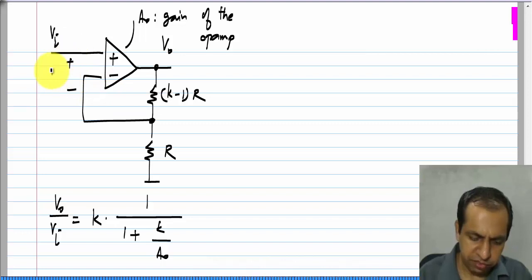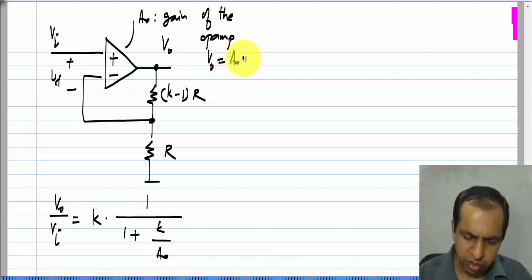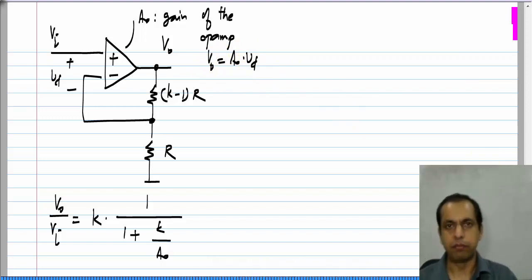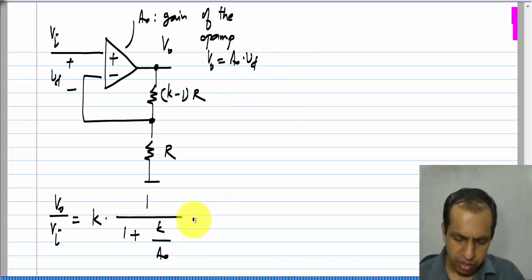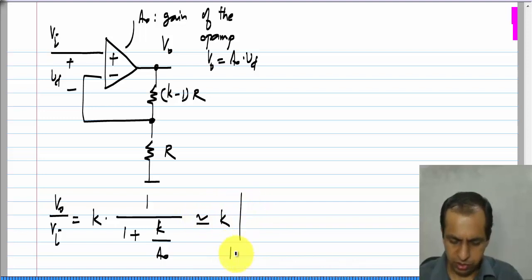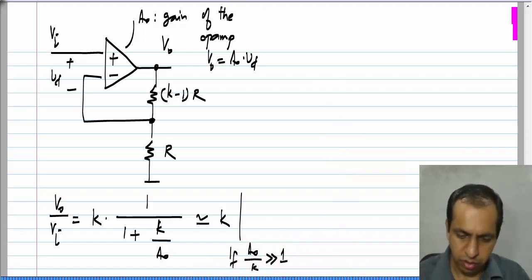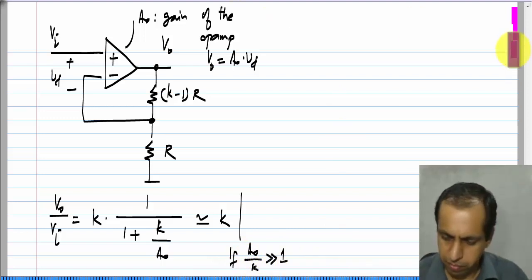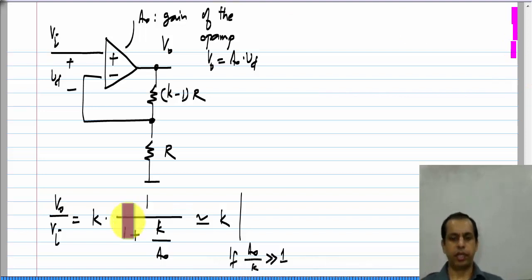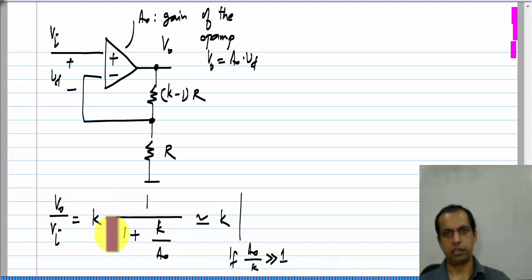It means that if this difference voltage is V D, the output V naught will be A naught times V D. Okay. And if A naught is very large, this gain is approximated by K. Okay. This is if A naught by K is much more than 1. Okay. So, in that case the denominator becomes approximately 1 and the gain is just K.